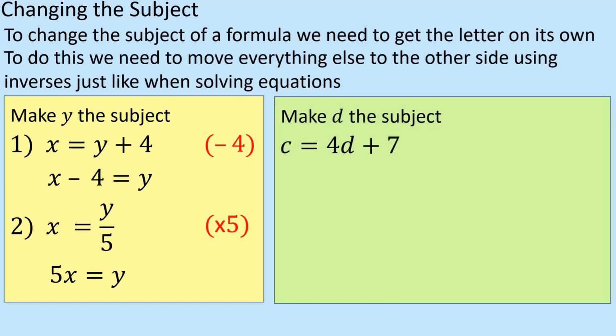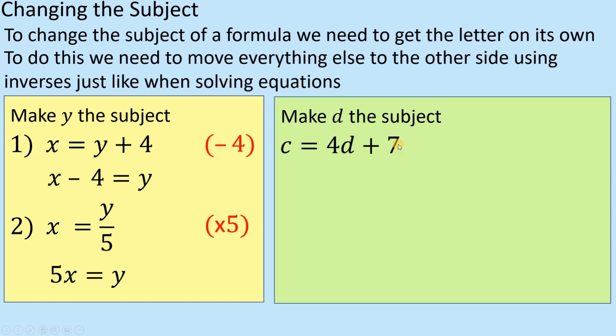Okay, so in the first examples, there was just one thing happening, but you might have 2 things happening. If it's 2 things happening, then I've got to consider, again, working backwards. So if you look at this example, you've got c is equal to 4d plus 7, and it's d that I want on its own. There are 2 things happening. D is currently times by 4 and then add 7. It's important that you recognize the order I said that in: times by 4 and then add the 7.